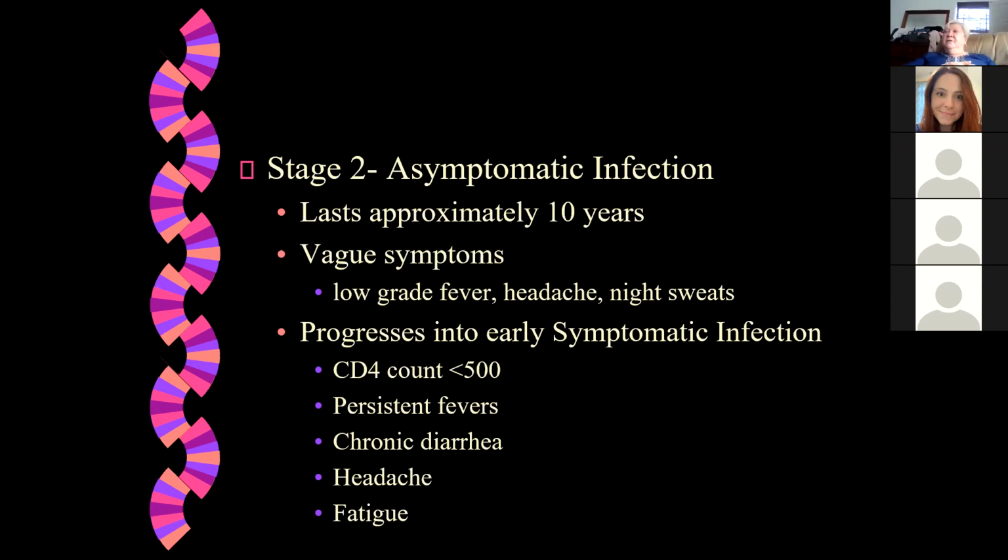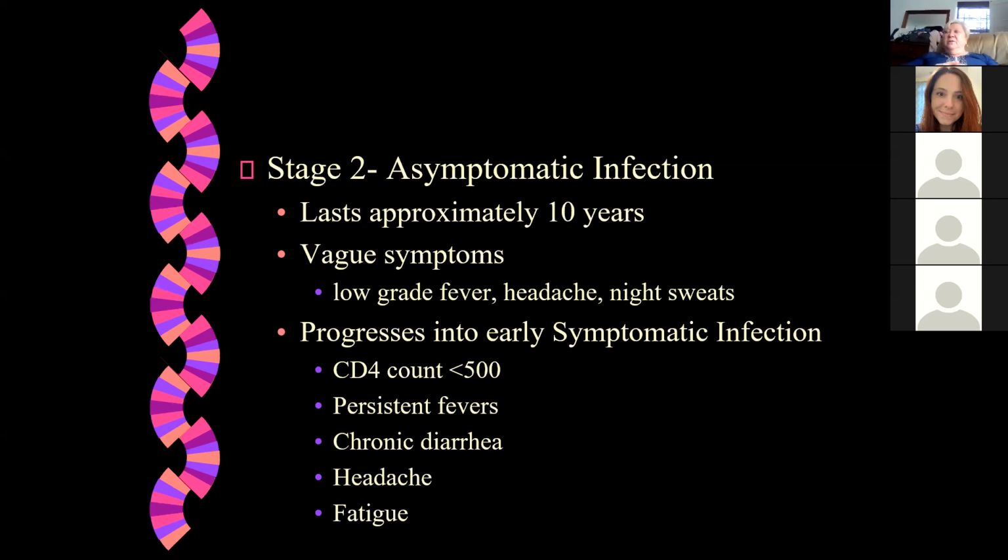But toward the end of the asymptomatic phase is when you start to have some symptoms. Then, like I said before, your CD4 count will probably drop below 500, and this is where people go to the doctor, and the doctor says, well, just to be on the safe side, let's draw an HIV test on you.